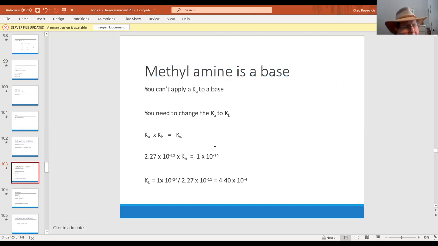I know that Ka times Kb is equal to Kw. There are two formulas that you need to put prominent to have access to them: pH plus pOH is equal to 14, or Ka times Kb equals Kw.